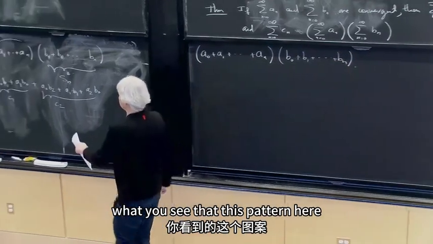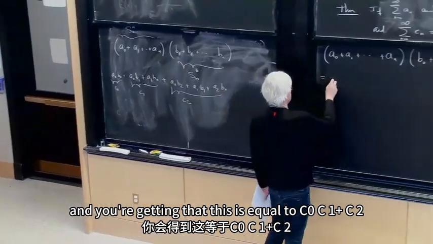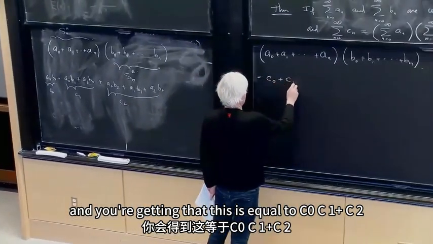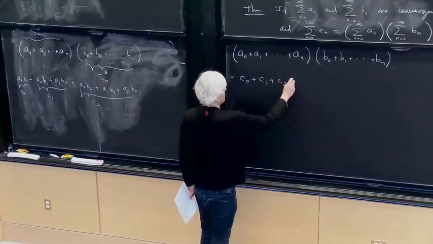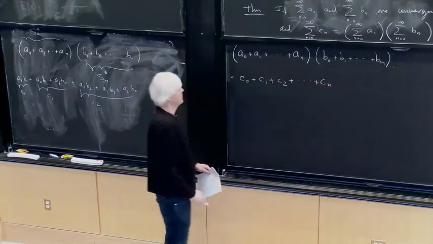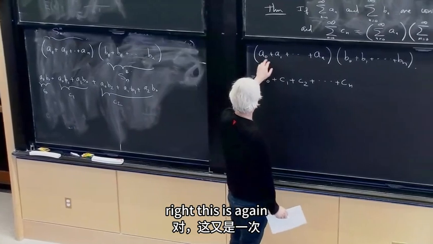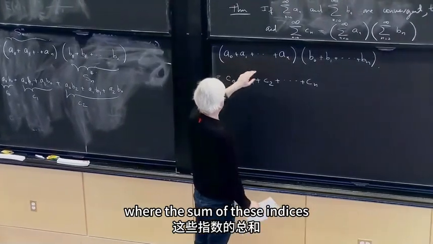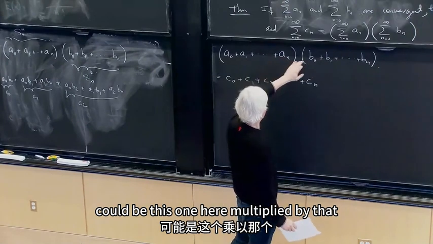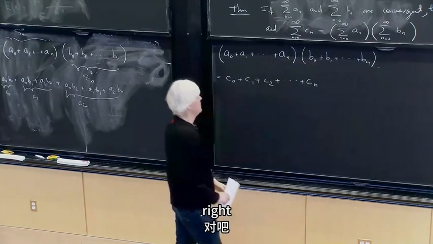This pattern continues for a while, and you're getting that this is equal to C0 plus C1 plus C2 up to Cn. In the Cn, this is again where the sum of these indices, this one here multiplied by that, the sum of the subscripts will be n.